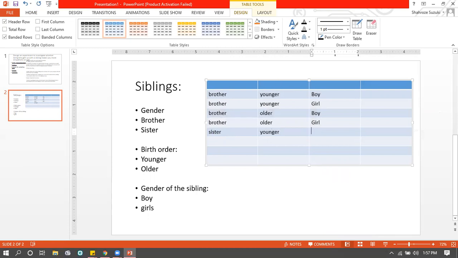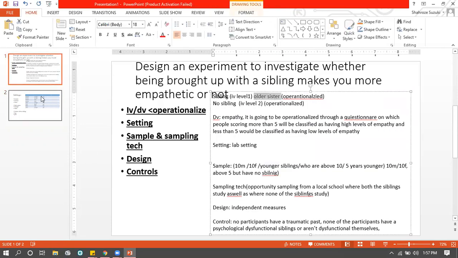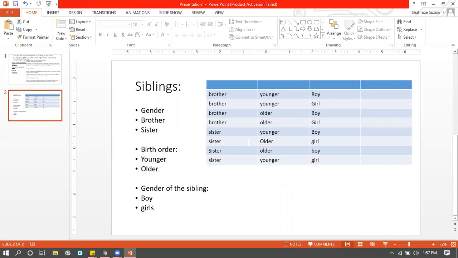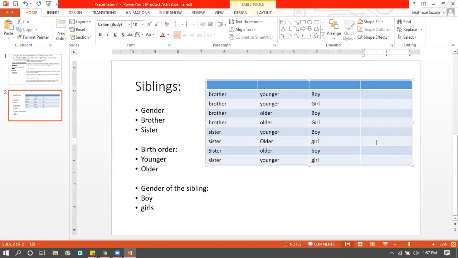Because right now, what we did was we stuck with one category: younger, girl, older. Our initial thought was we would take people who have an older sister. So we were going to take these people. You said 10 of them and 10 of them, right?